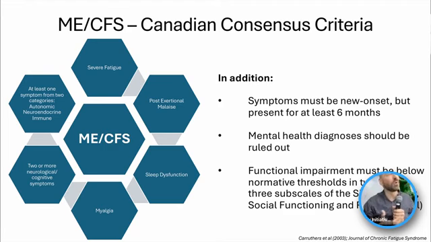So people reporting fatigue, post-exertional malaise, sleep disruption, myalgia, so muscle pain and body aches. You also need to be reporting cognitive symptoms and neurological symptoms and symptoms that fit certain categories like autonomic dysfunction.